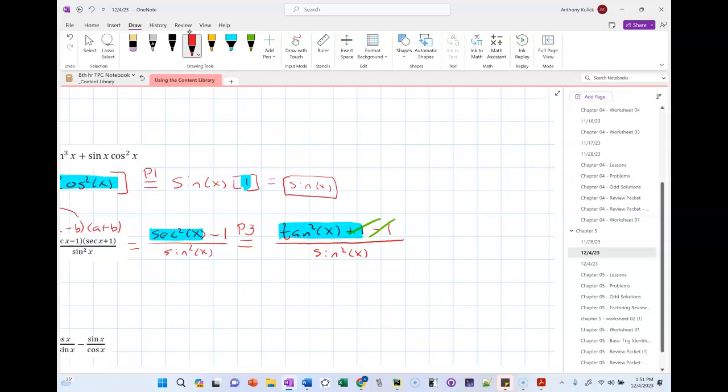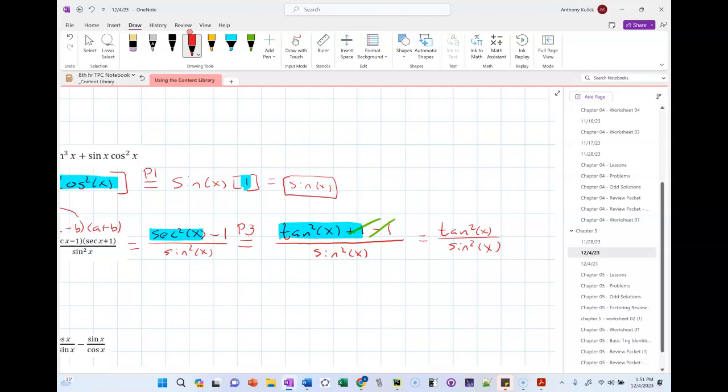Okay. So now I have tan squared over sine squared. Is there anything algebraically I can do with this? Is there anything to FOIL?